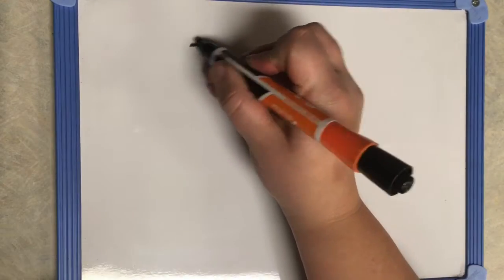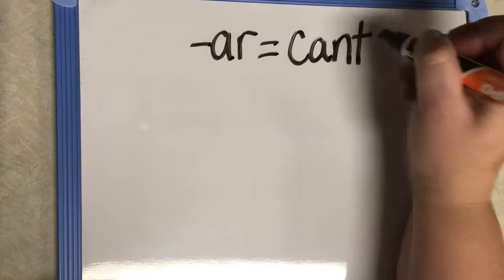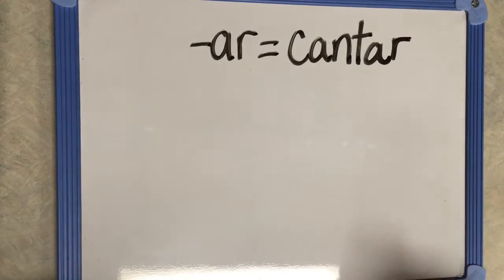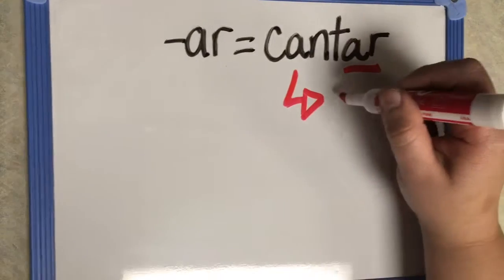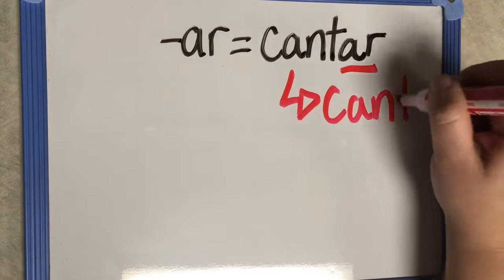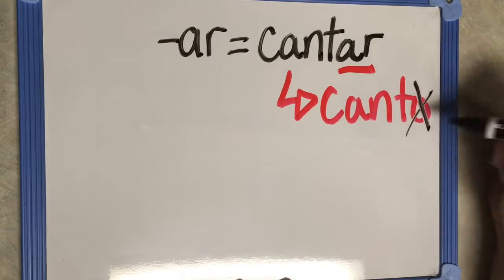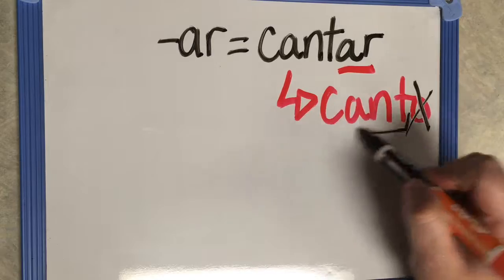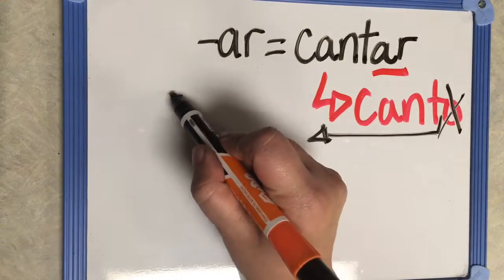So let's take an AR verb first. Let's go ahead and use the verb cantar. The yo form of the verb cantar in regular or indicative present tense is canto. Now we're going to drop that O. Now we will take the stem of the verb and add the subjunctive endings.